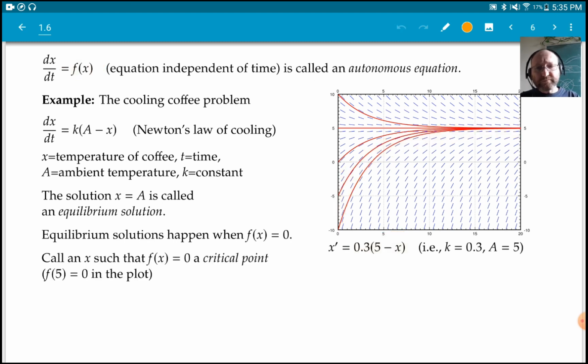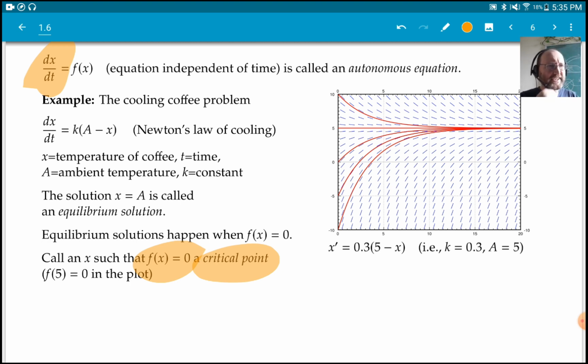So we're going to call such solutions critical points. It's sort of like, in calculus, when the derivative was 0, you called it a critical point. Well, we're really saying, when is the derivative 0? So when is x prime 0, except in this case we're talking about the function in terms of x.